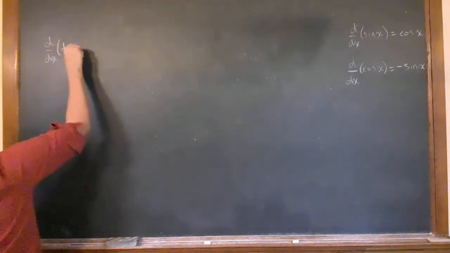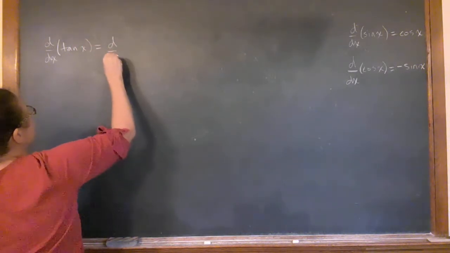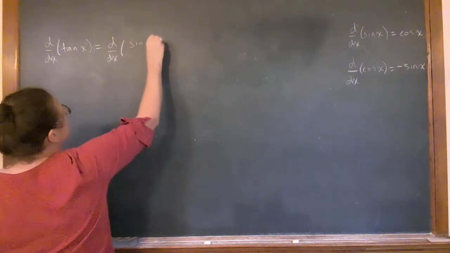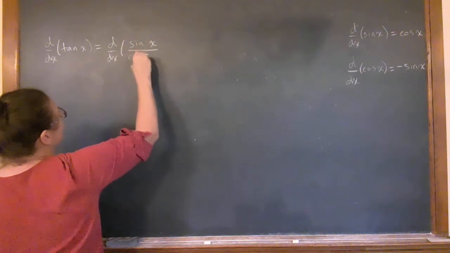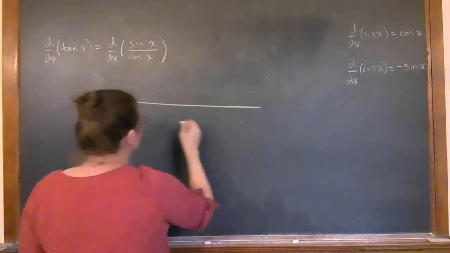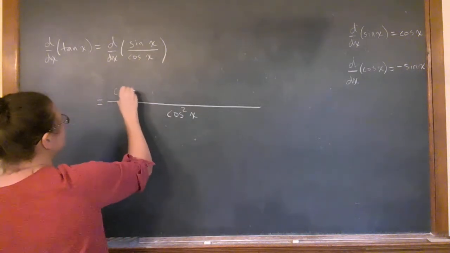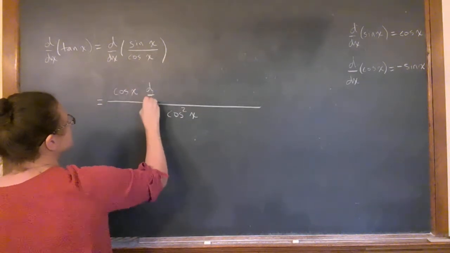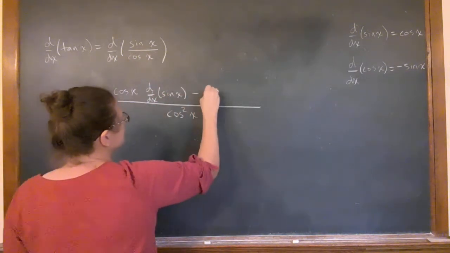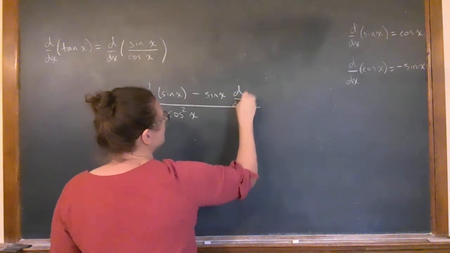The derivative of tangent is going to be the derivative of sine x over cosine x, right? So the bottom squared, and then the bottom function times the derivative of the top minus the top times the derivative of the bottom.